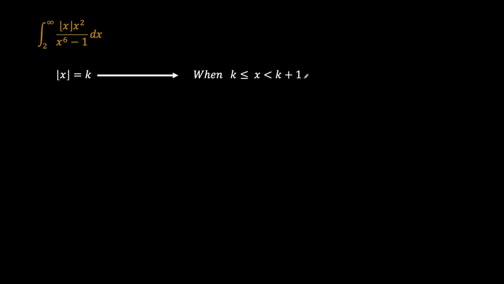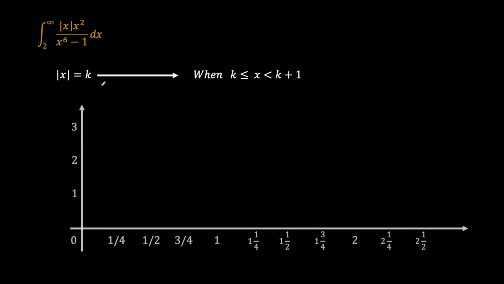As soon as x hits k plus 1, the floor function of x becomes k plus 1. And then it continues being k plus 1 until x becomes k plus 2. And that's when, again, the floor function becomes k plus 2, and so on and so on and so on. So in terms of expressing it in a visual way.